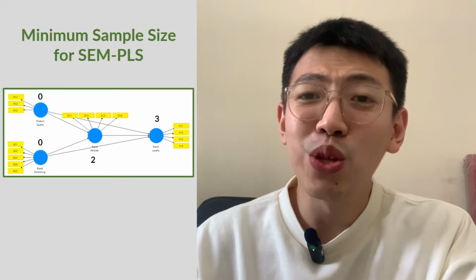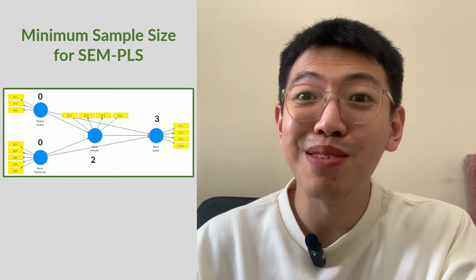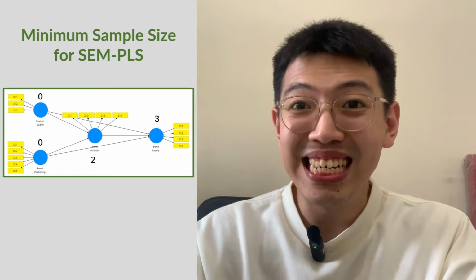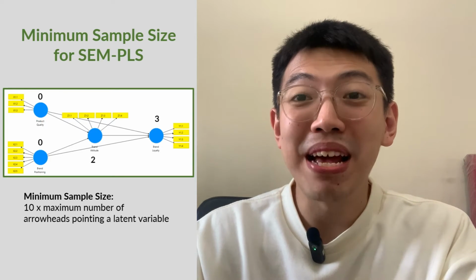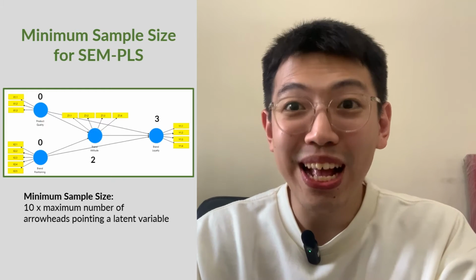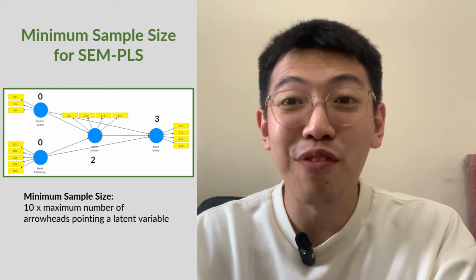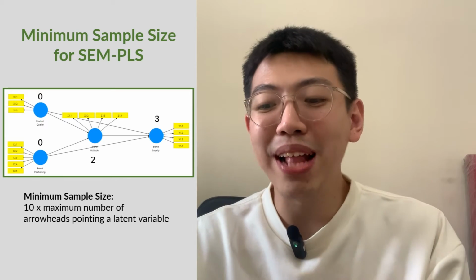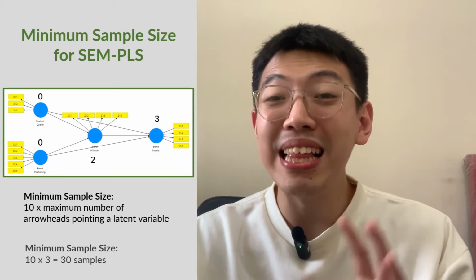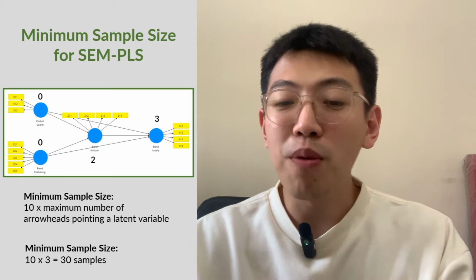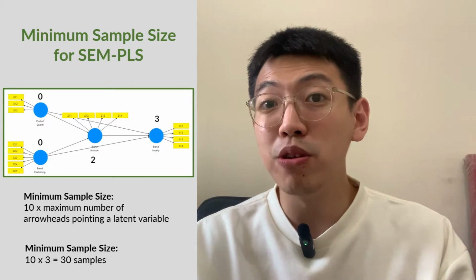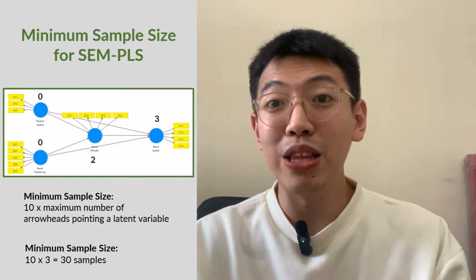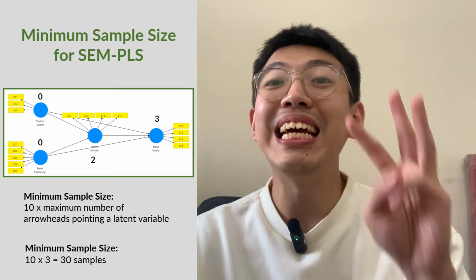My question is, what is the minimum sample size based on Hair et al.? Again, it is 10 times the maximum number of arrowheads pointing at a latent variable. Therefore, the maximum number of arrowheads pointing at a latent variable in this case is 3. For product quality it is 0, brand positioning is 0, brand attitude is 2, brand loyalty is 3.